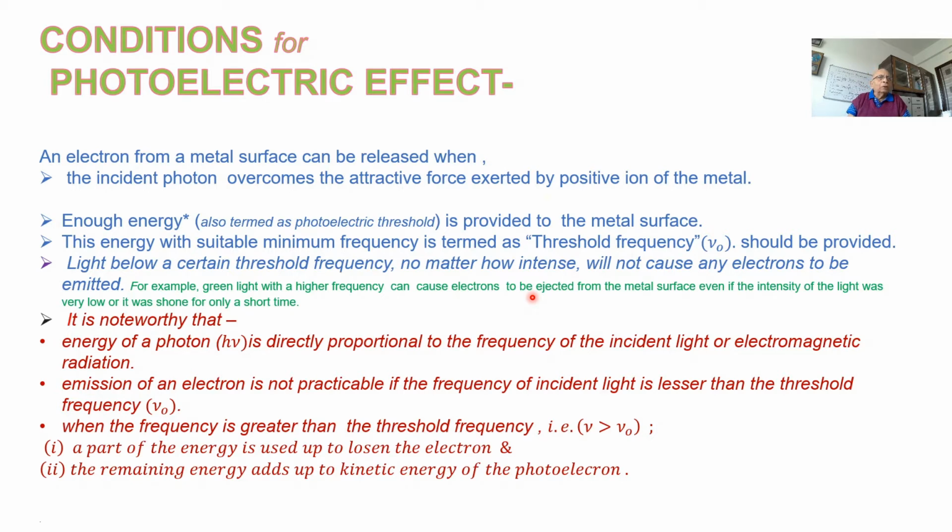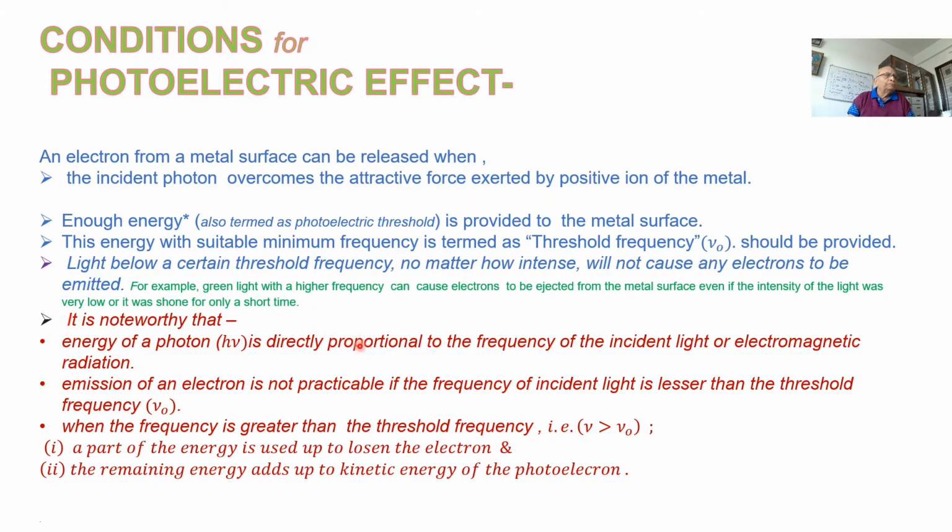Okay. For example, green light, which comes within the visible spectrum, can cause electrons to be ejected from the metal surface even if the intensity of light was very low or it was shone only for a short time.